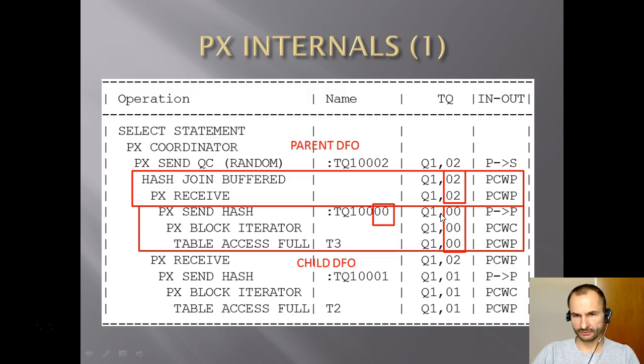And basically this column TQ here is there so that you can get an understanding which operations belong to the same data flow operation, which means they are executed by the same parallel slave set. And whenever you see then a different number here, this means that the data will have to be redistributed, will be sent and received in order to arrive at the other parallel slave set, the other data flow operation.